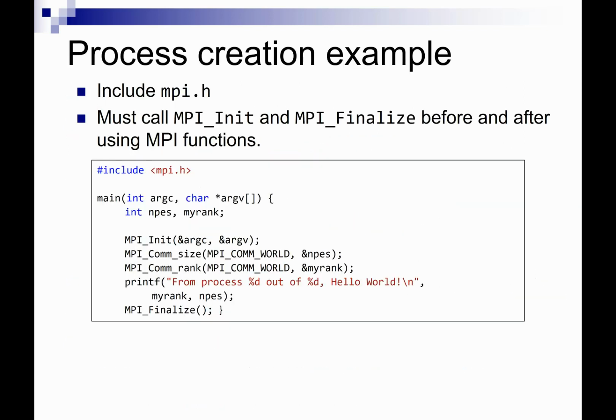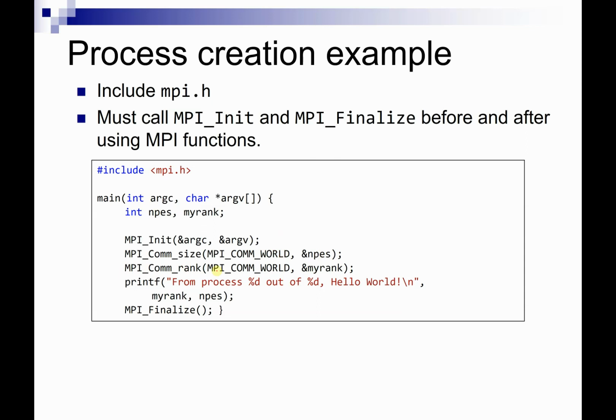And the default communicator is called MPI comm world. Therefore, what this line, MPI comm size, is saying is: tell me how many processes are in this communicator MPI comm world, and then store that in the variable npes. So npes is going to be the number of processes that you're running with.